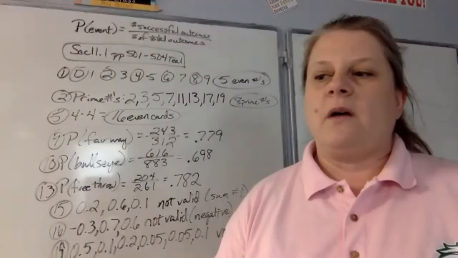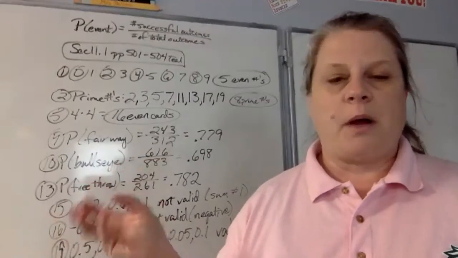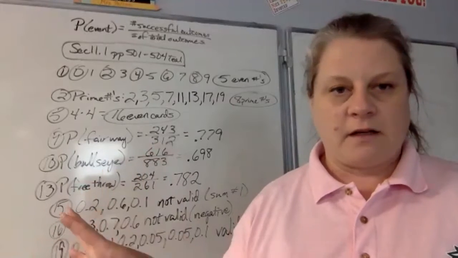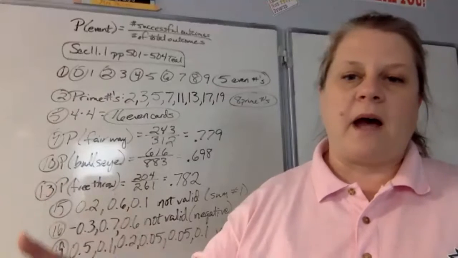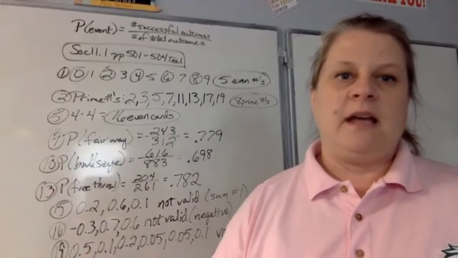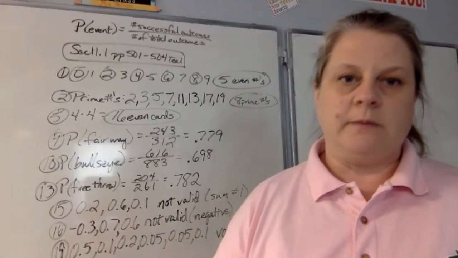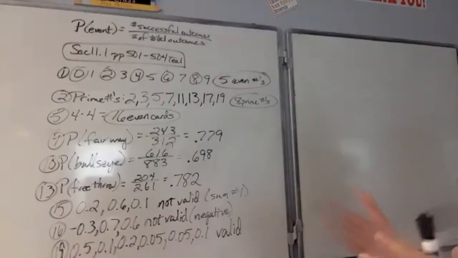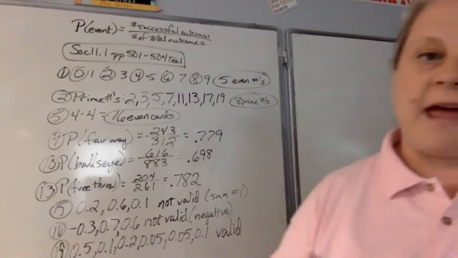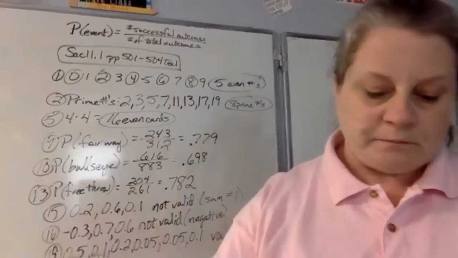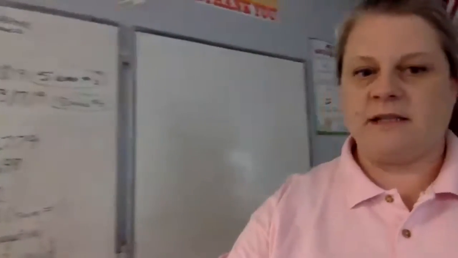If I know the probability of getting a pen is 5 out of 12, to find the probability of getting a pencil, I could take 1 minus 5/12. So to find the complement, we're going to be subtracting the probability that we have from 1. So that's what we're doing on these.